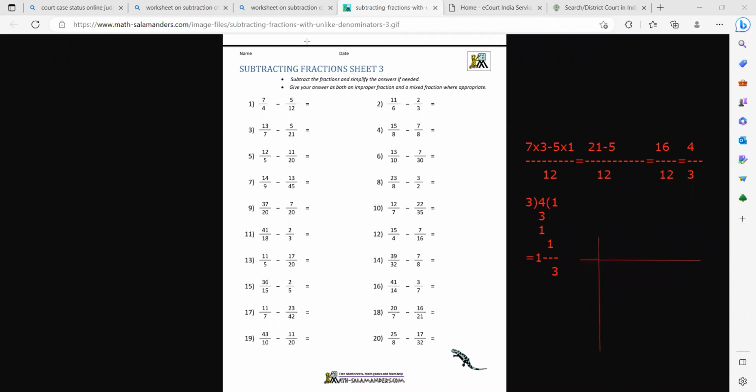Then we write the numbers which are in the denominators, like we need to find the LCM of 12 and 4. We need to find a number that can divide both 12 and 4. Both 12 and 4 can be divided by 4. So we have 4.